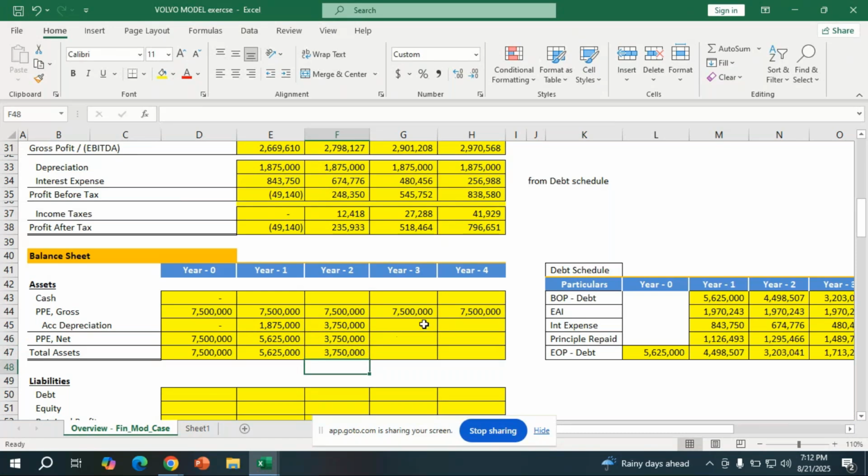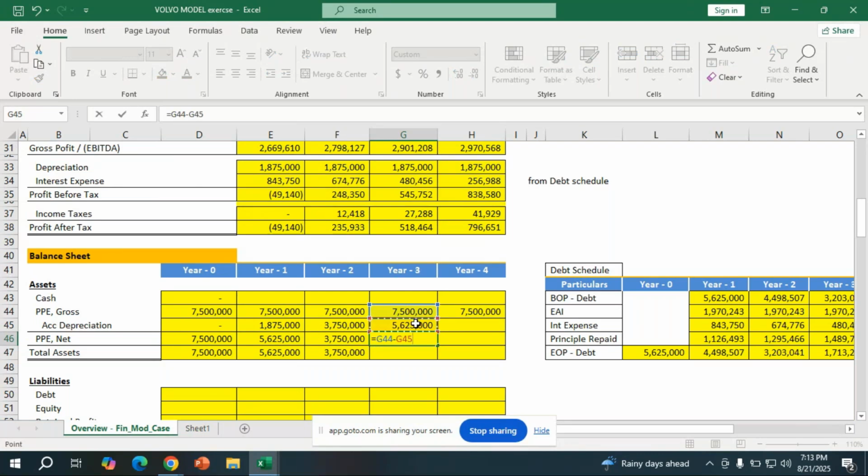So again, the same procedure equals to current year depreciation plus your previous year depreciation. Net value of the asset equals to gross value minus net value. Okay, so equals to cash cell plus net value of the asset.